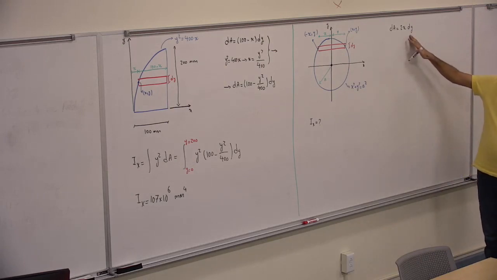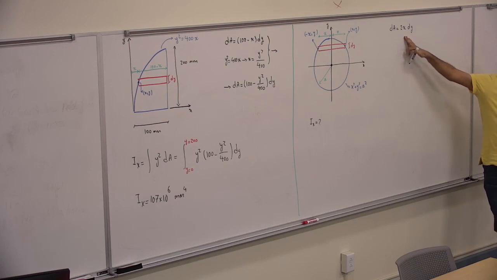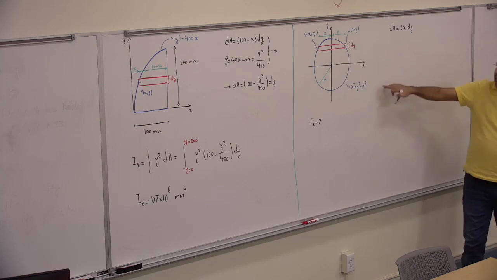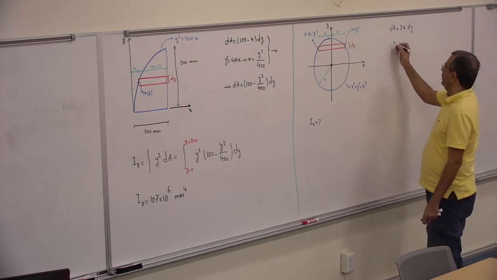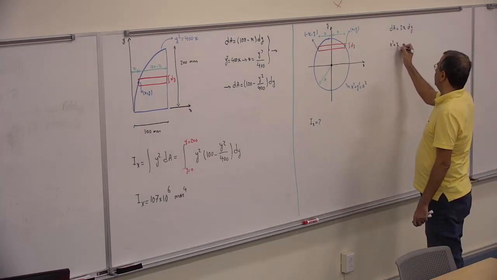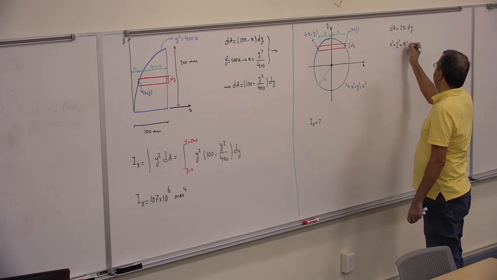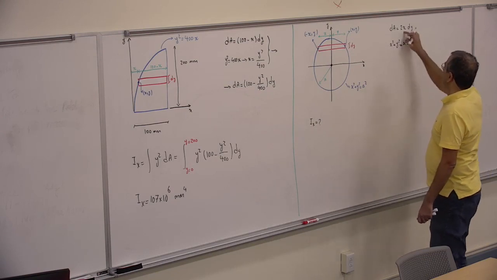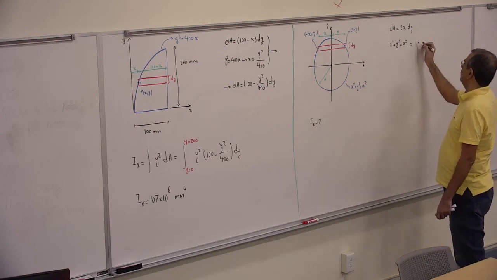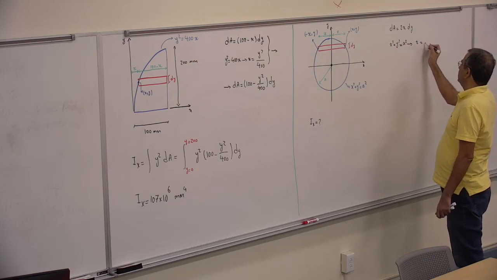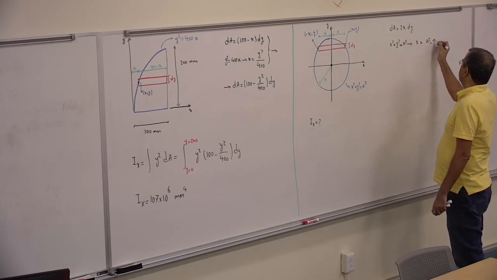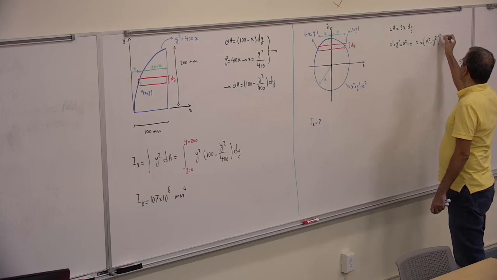Again, I have a dy, so I have to write everything as a function of y. I cannot use the x. So I have to come here and say, okay, I have x squared plus y squared equals a squared. So I want to find the x as a function of y. So x is going to be the square root of a squared minus y squared.